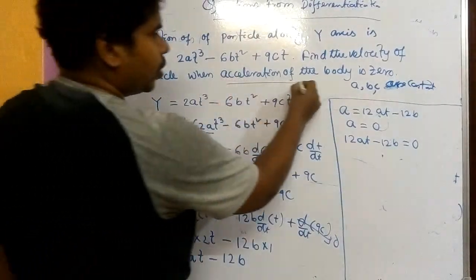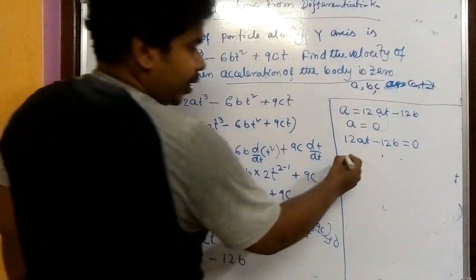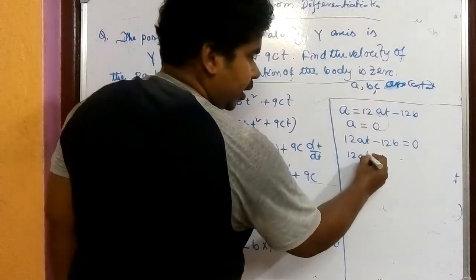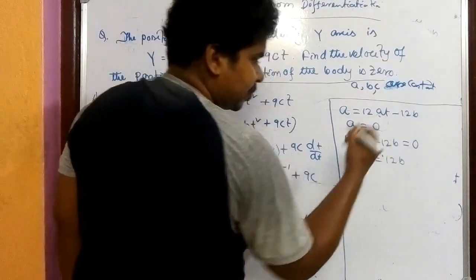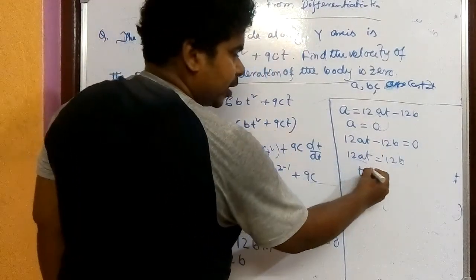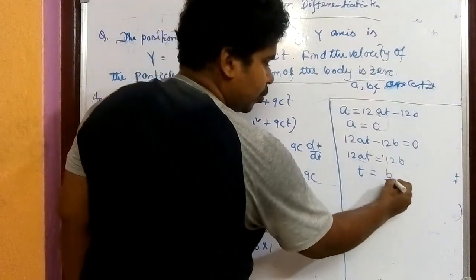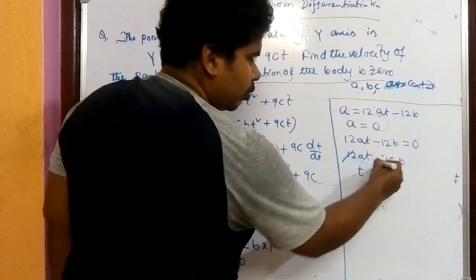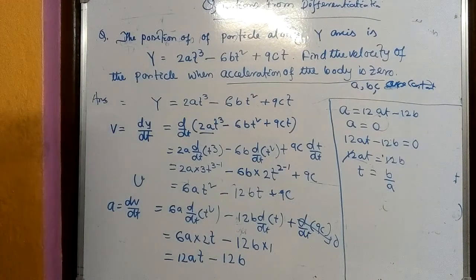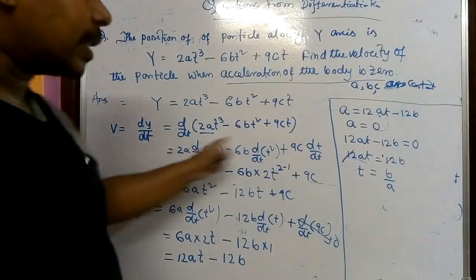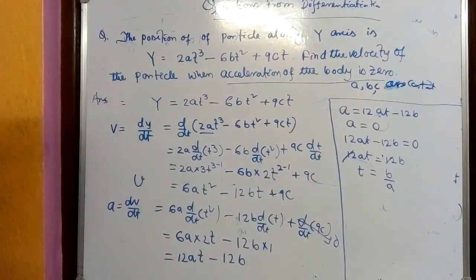Acceleration is 0, it's already told. And here 12at is equal to 12b. From here you are able to find the time. So time equals b by a, 12 will be cancelled out. So time t equals b by a when my acceleration is 0.